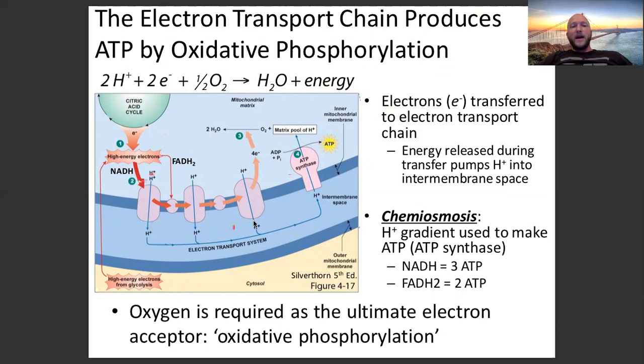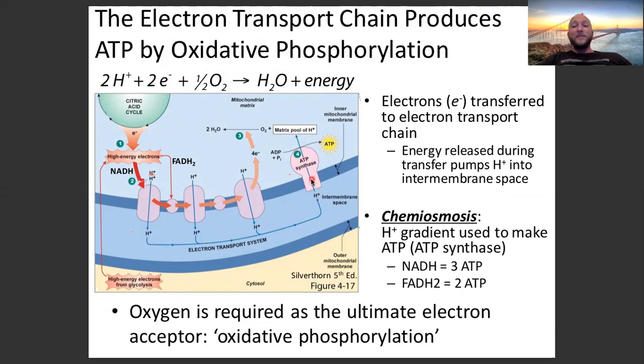So we're going to have a high concentration of hydrogen ions in this intermembranous space. And what do things like to do when there's concentration gradients? Things like to go down concentration gradients. So these hydrogen ions are going to have high concentration in between the membranes, lower concentration within the innermost membrane. Those hydrogen ions are going to flow down their gradient through an enzyme called ATP synthase.